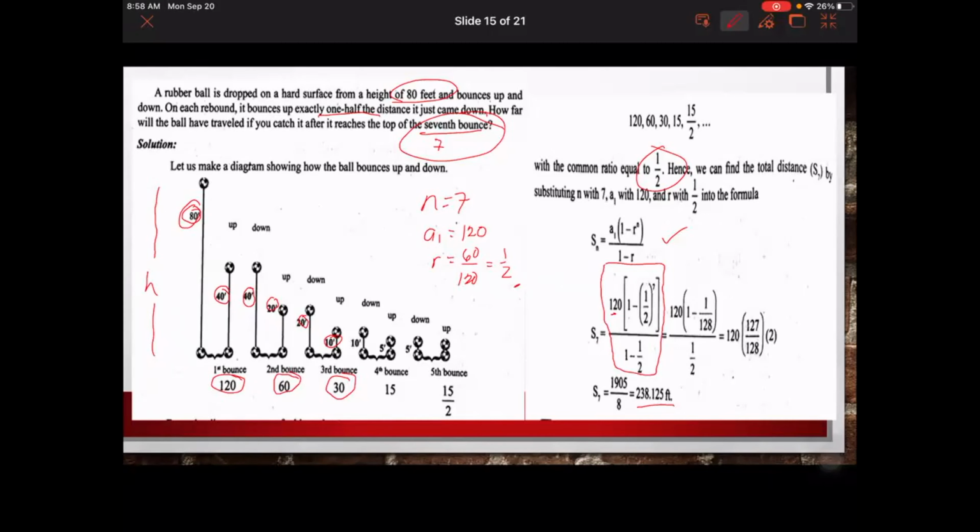So siguro, ito kasi ay manual. Sa calculator kasi ay isang buo. So, press lang siya ng 238.125. Sometimes may discrepancy ng konti sa decimal. Okay. So, yun yung how to solve the problem involving the geometric series.